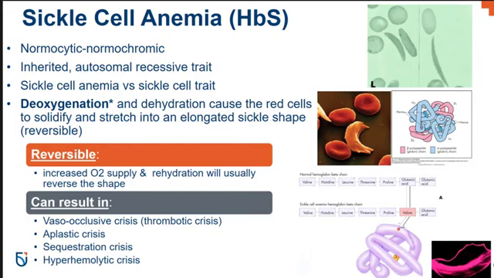It can actually lead to a collapse of the cardiovascular system. And finally, hyperhemolytic crisis. This is just an accelerated rate of red blood cell destruction, beyond what is normally experienced by people with sickle cell anemia.